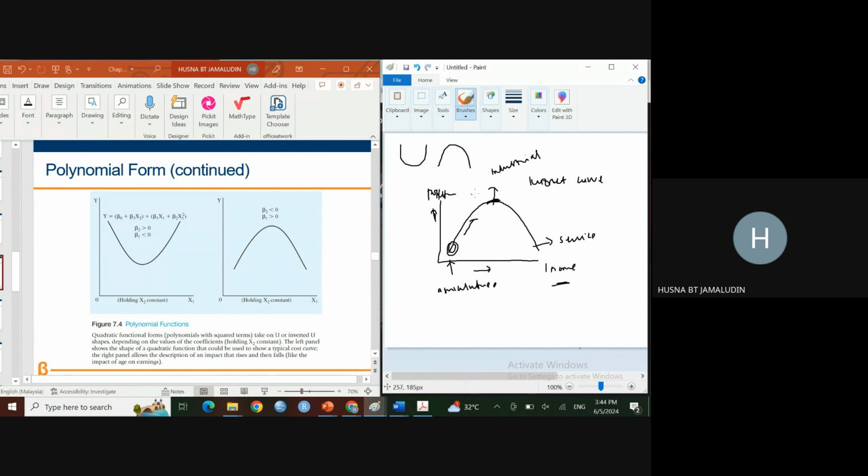Okay, but then after the turning point, this is what you call a turning point, your pollution will actually reduce, but your income is even more. So this is what we call the service sector. When people are moving from the industrial sector, this is especially true for developed countries. Previously, they were producing tires, machinery, and so on.